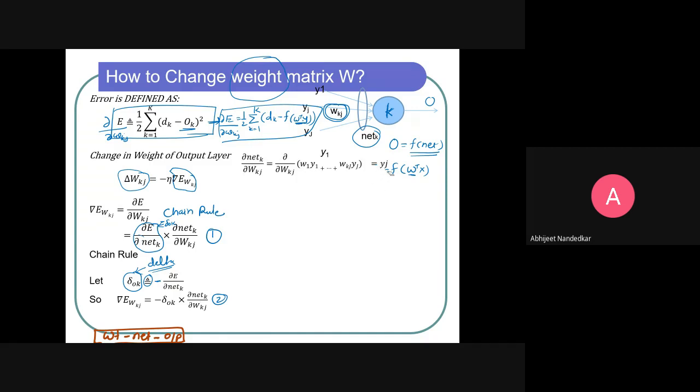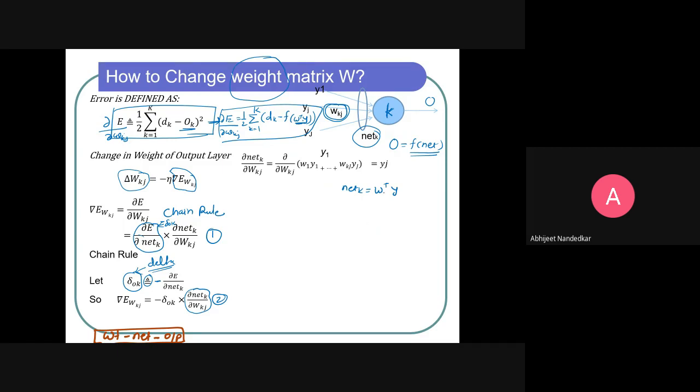Now, if I take out this second term and try to do the partial differentiation, I know that net_k is W transpose Y, that is the input vector.